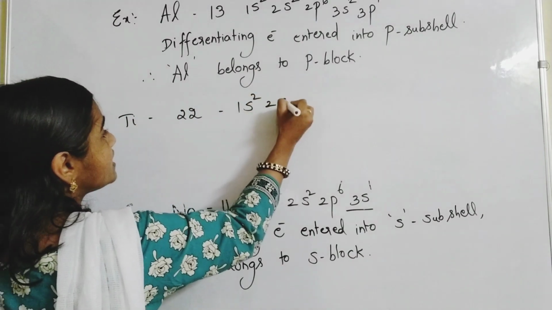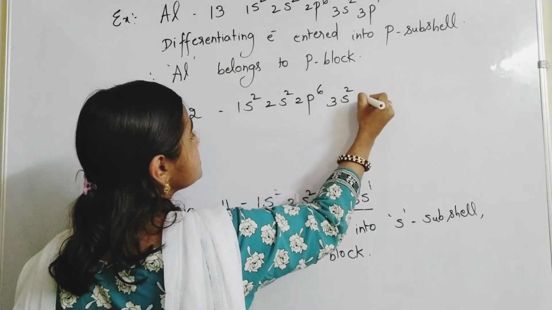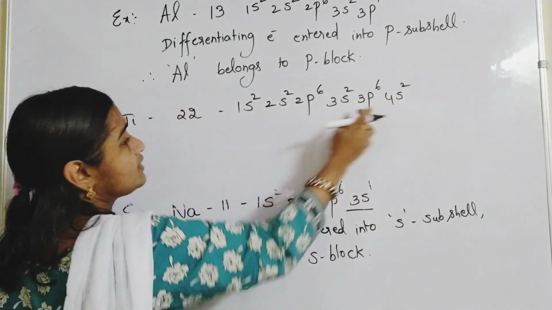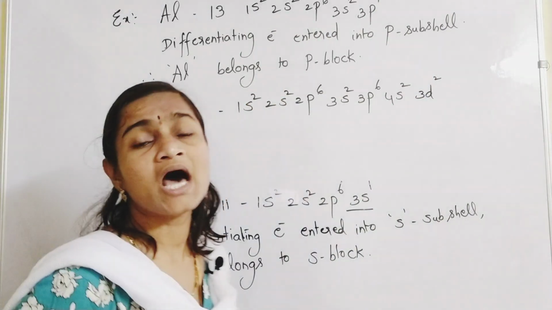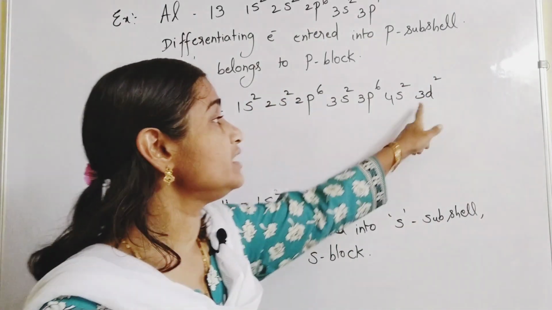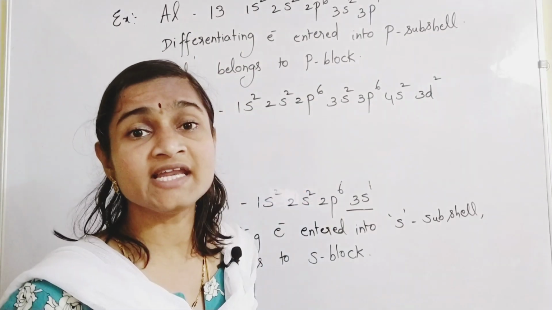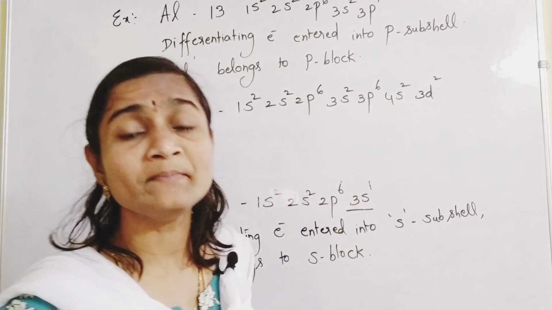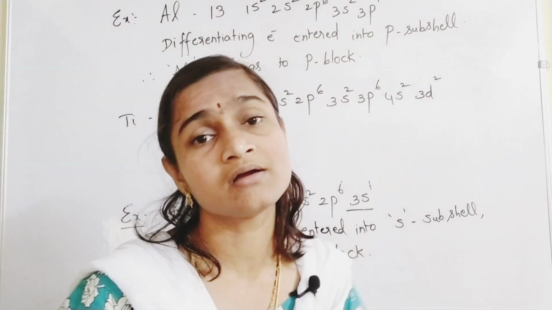If you write the configuration: 1s2, 2s2, 2p6, 3s2, 3p6, 4s2, up to here 20 is completed, then 3d2. So the last entering electron has gone into the 3d subshell. So titanium belongs to the d block.